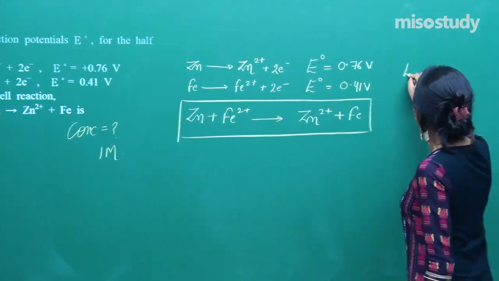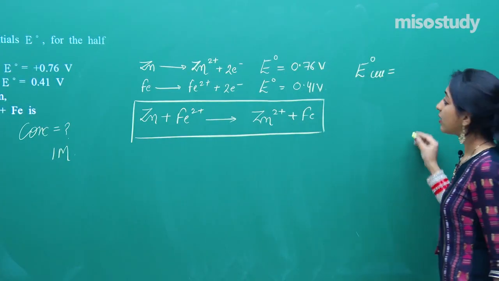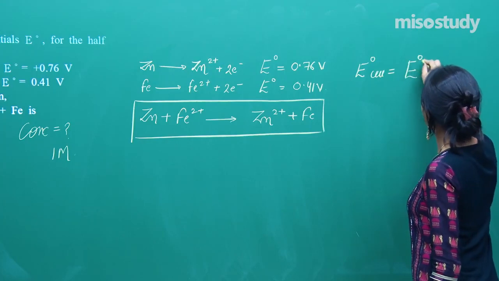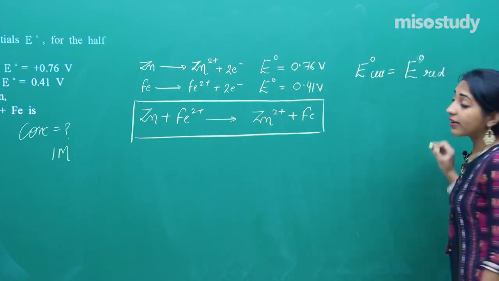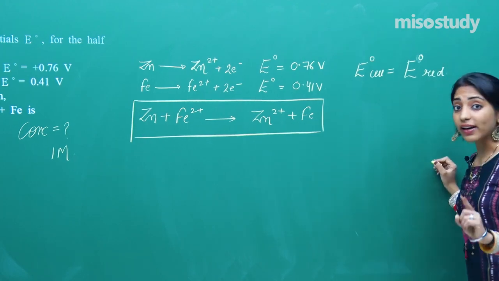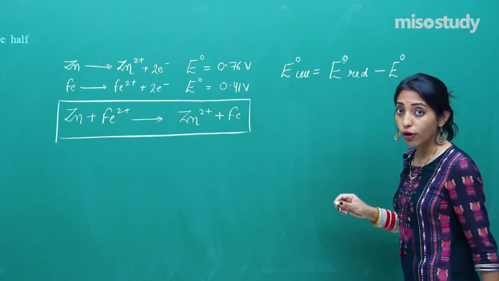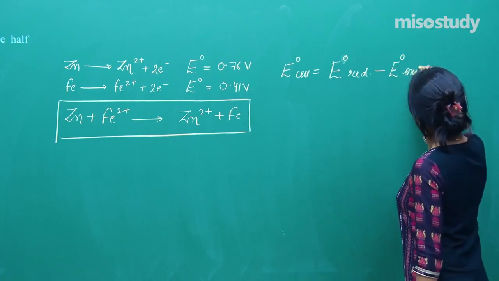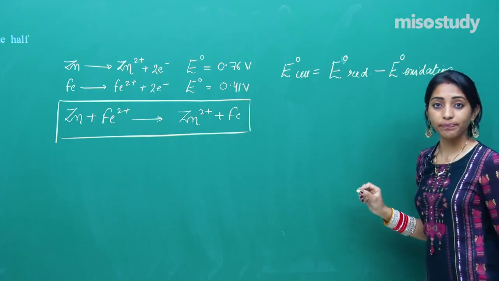E naught of the cell can be written as the reduction potential of the electrode where reduction is taking place minus the reduction potential of the electrode where oxidation is taking place.